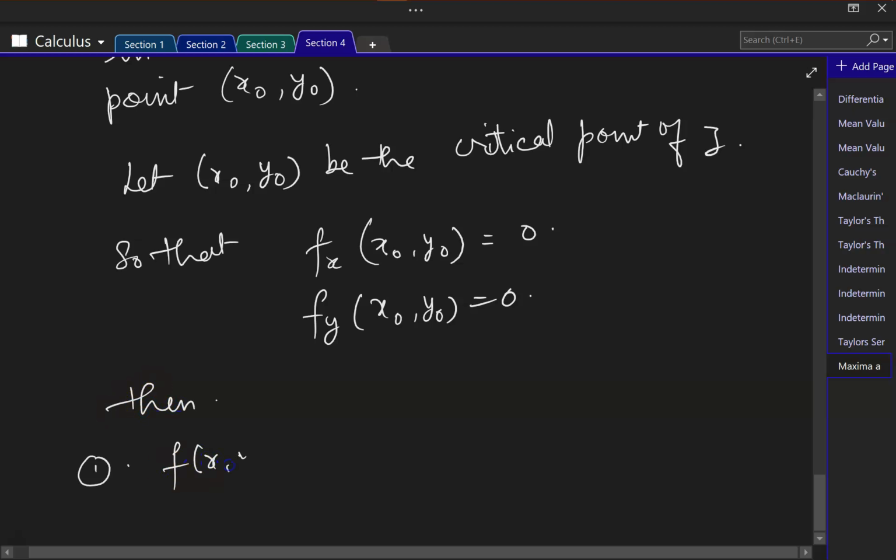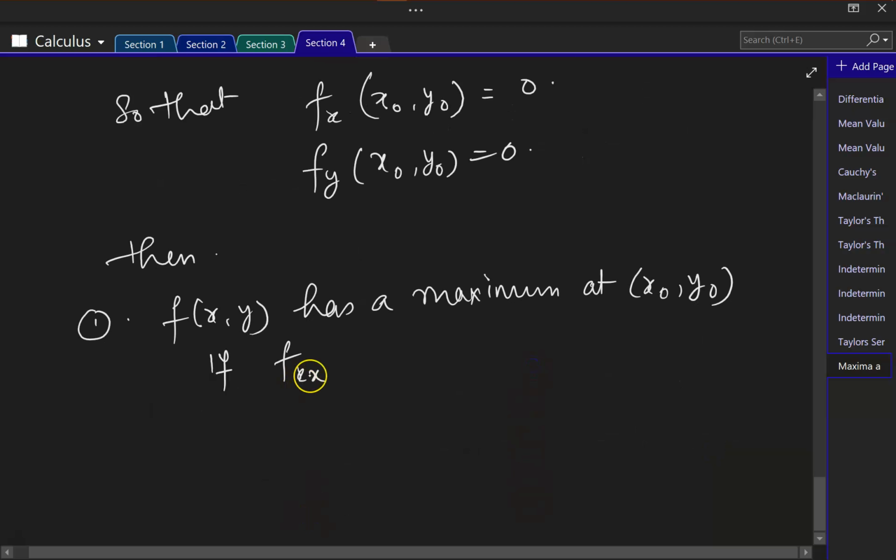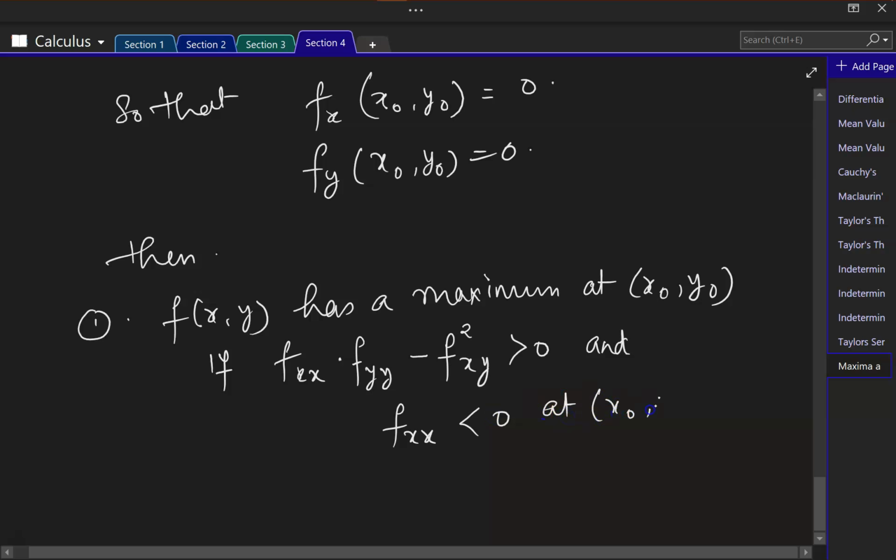Then f of x comma y has a maximum at x naught y naught if the second partial derivative with respect to x times the second partial derivative with respect to y minus the mixed partial derivative with respect to x and y, squared, is greater than 0, and the second partial derivative with respect to x is less than 0 at x naught y naught.